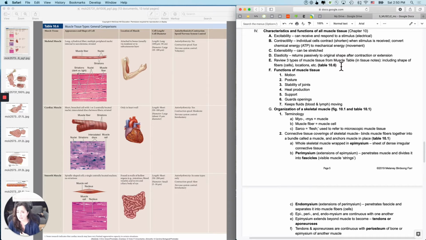You're responsible for that material again, so make sure that you brush off that table that was in your histology chapter about muscle. But let's talk about all 3 types of muscle tissue, and then we'll sort of narrow in on skeletal muscle, and then we'll go back to the other 2.